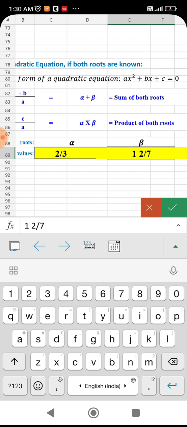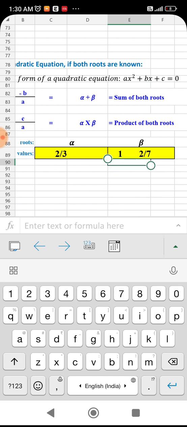In this way we can write it, we have to give the space. So if alpha is this and beta is this, then what will be the quadratic equation?